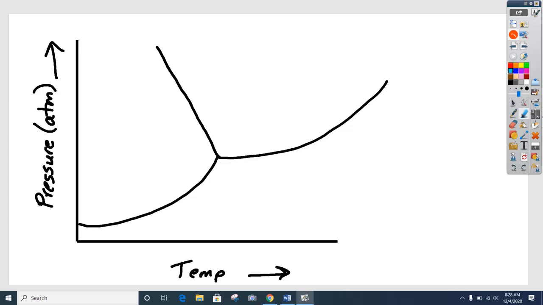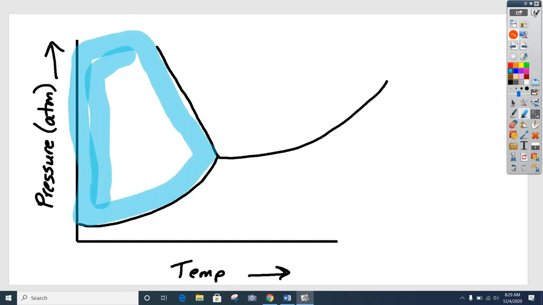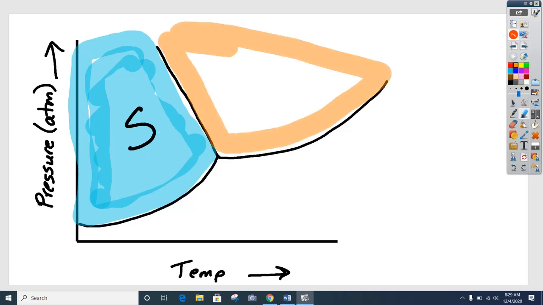Any combination of pressure and temperature that puts you on this part of your graph over here, this area of your graph, those of you in calculus should feel comfortable calculating that area between those lines. Anything that exists in that part of your graph will be a solid. Anything that exists over here in this part of your graph, anywhere in here, will be a liquid.